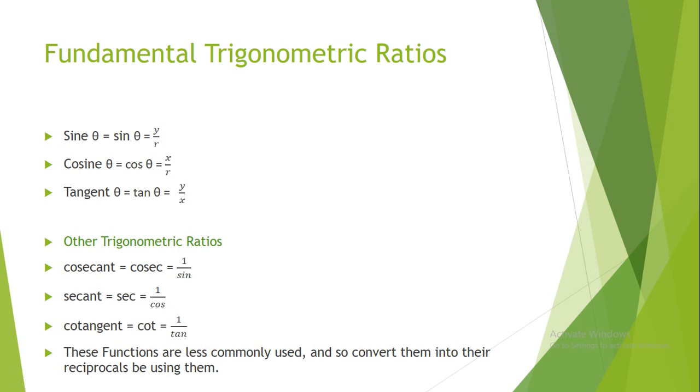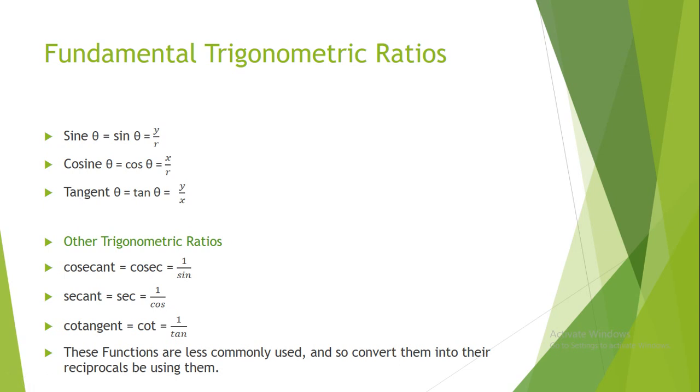Okay, and these are not the only trig ratios that we have. There are three more. We have the cosecant, secant, and then cotangent. And just as these ones have short forms, the sine is just sin, and the tangent is what we represent by tan.